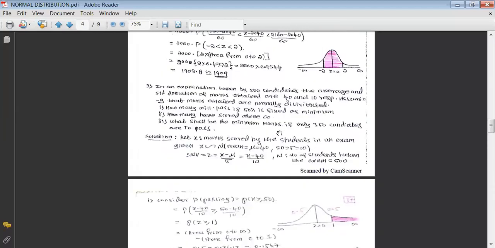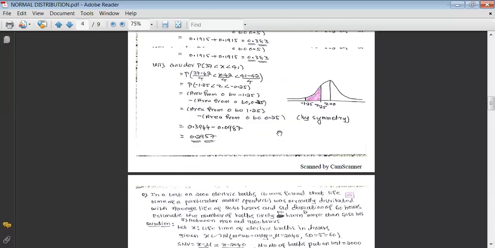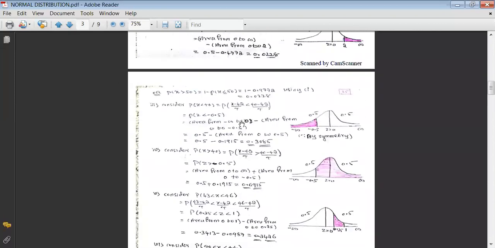Because of the symmetry, even though the value is minus 0.5, it can be taken as plus 0.5, because minus 0.5 is at the same distance as plus 0.5. That's why we have taken that by symmetry. This is 0.5. Now we want the area from 0 to 0.5.